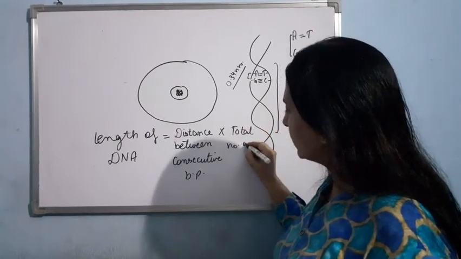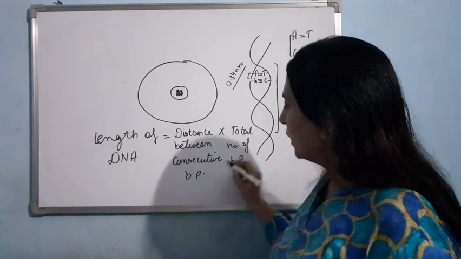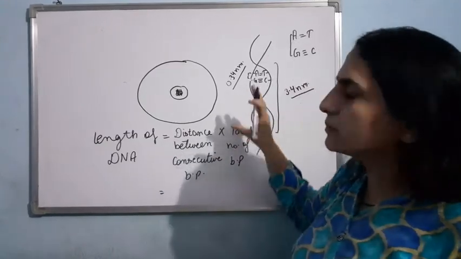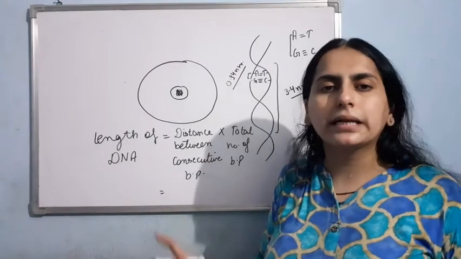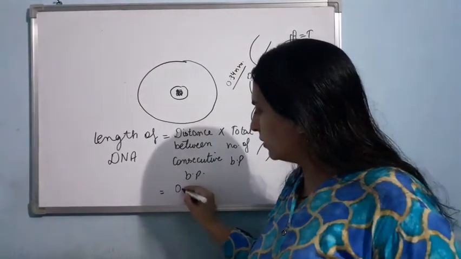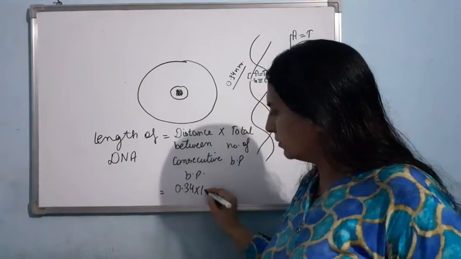Am I clear? Now, the distance between consecutive base pairs is 0.34 into 10 to the power minus 9 meter. Clear?